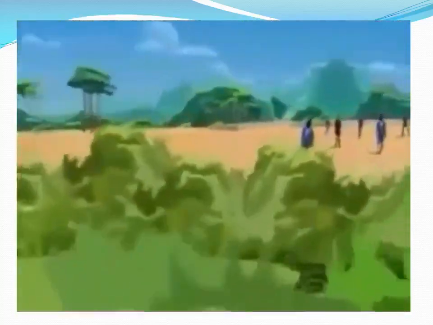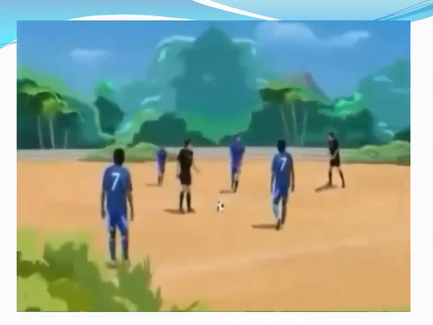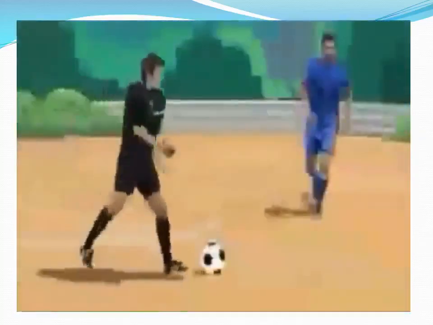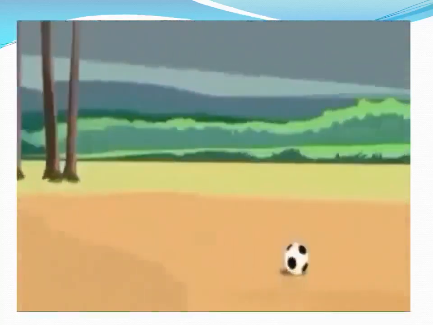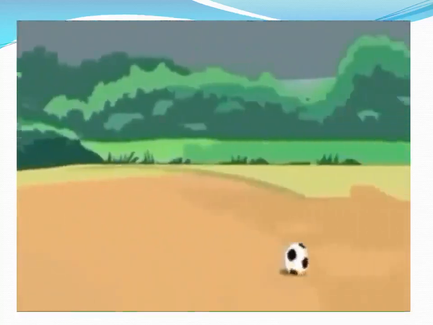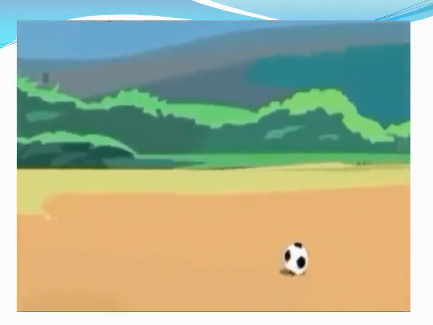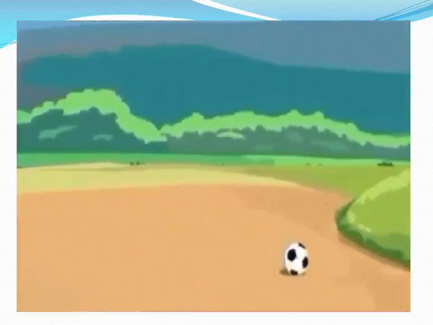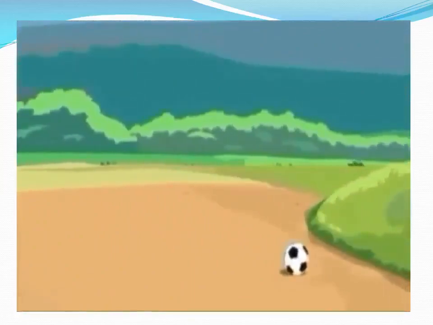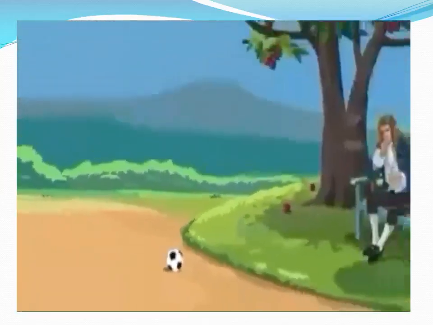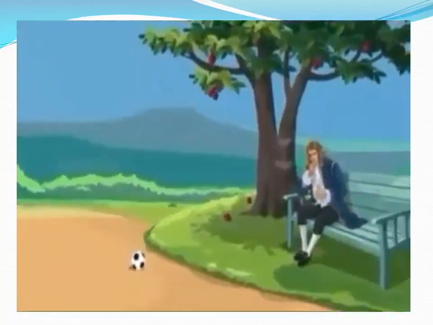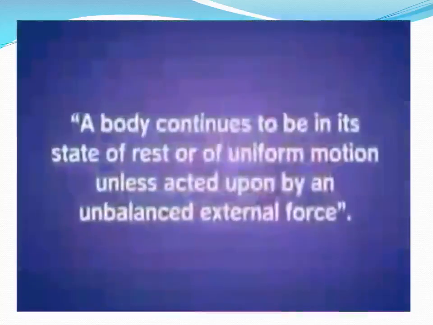You see that a kicked football rolls on the ground and comes to a halt naturally. It is due to the frictional force applied by the ground on the ball. On the other hand, if friction did not exist or did not stop the ball, it would move continuously forever. Newton used Galileo's experimental conclusion on inertia and proposed his famous first law of motion. What is his statement?